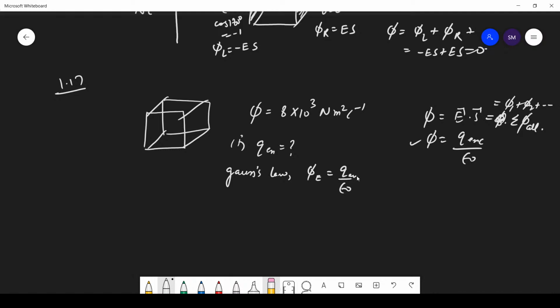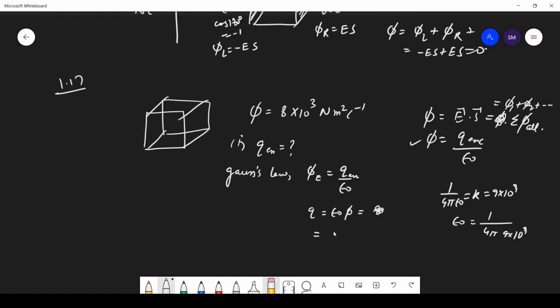So Q is the charge enclosed, and charge enclosed is equals to epsilon naught phi, and phi is given to us. We know that 1 upon 4 pi epsilon naught is equals to K is equals to 9 into 10 power 9. So epsilon naught can be written as 1 upon 4 pi into 9 into 10 power 9.